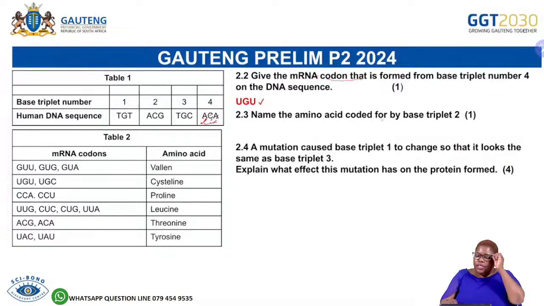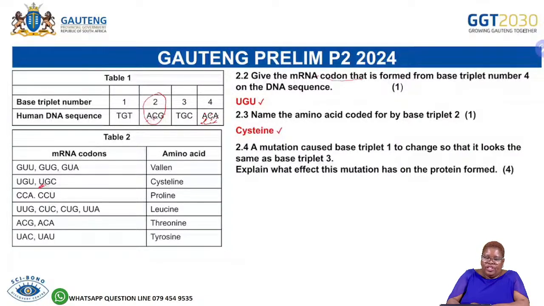Name the amino acid coded for by the base triplet 2. You go to base triplet 2, right? It is ACG. You have the anticodon for this, and we know what is going to happen. We've got ACG. A will be U. Can you see that?